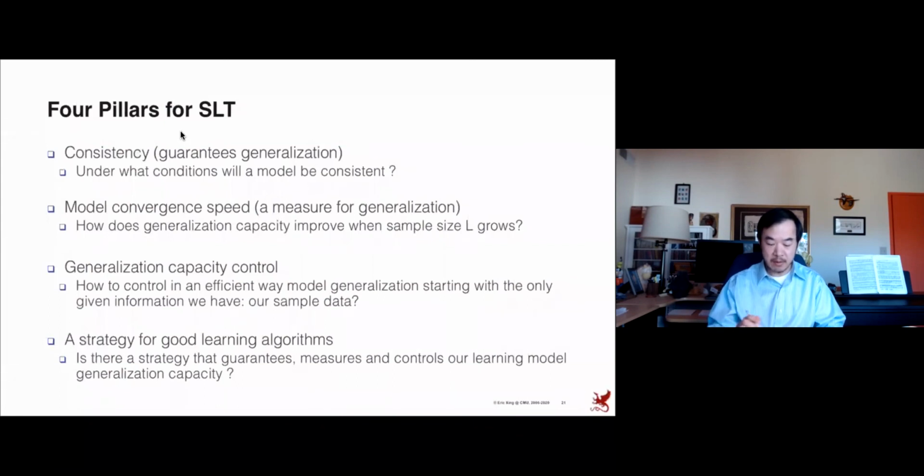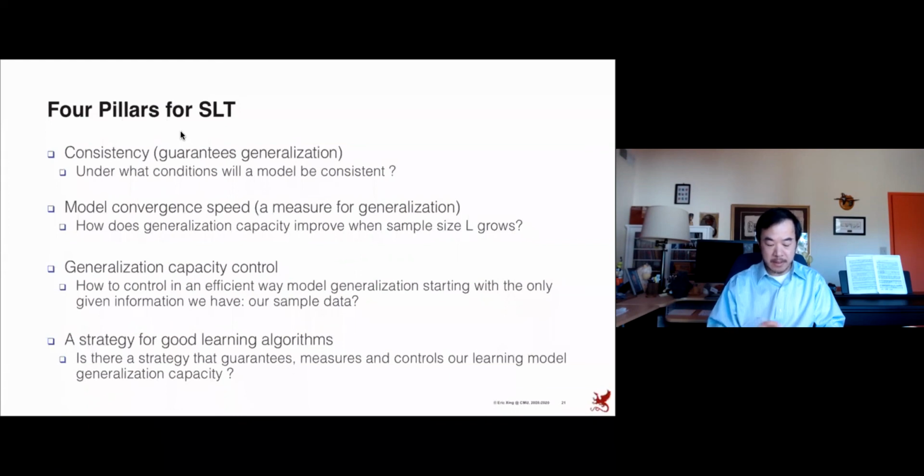So there's a guaranteed generalization: if you have infinite examples, hopefully you are going to close the gap between the empirical risk and the true risk. That's wishful thinking. It may not always be the case, but that's what you want. And the other, of course, is the speed of achieving that, right? So how much you gain by adding more examples and how fast you can converge, right?